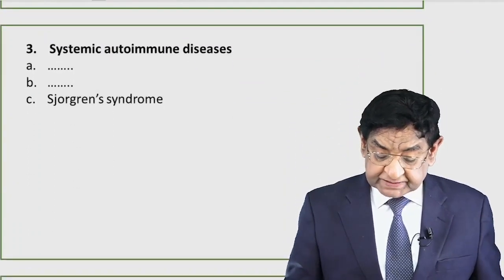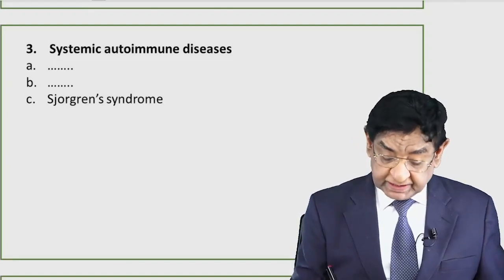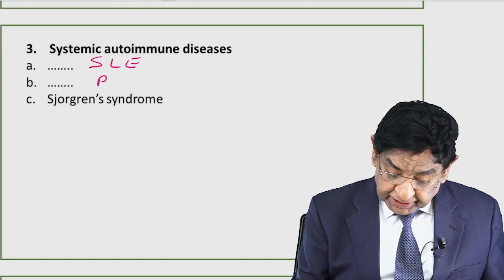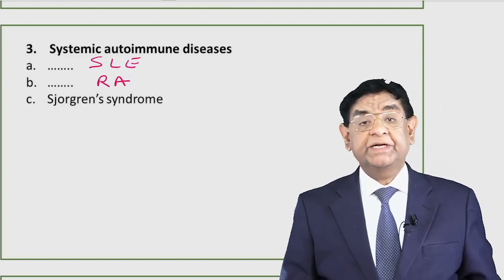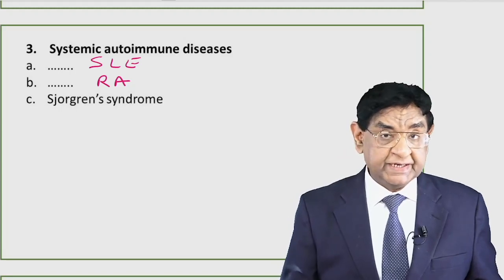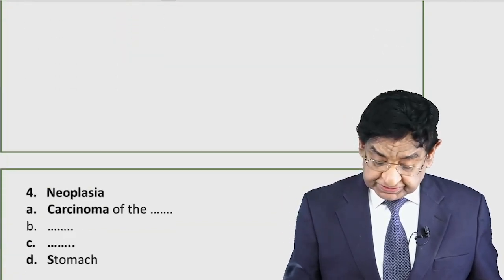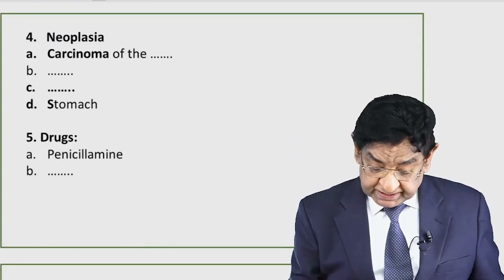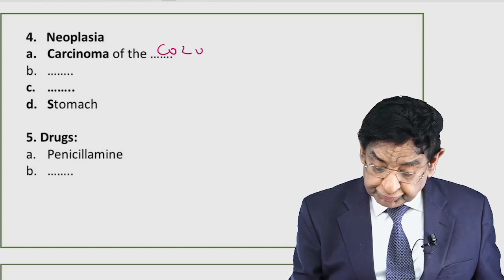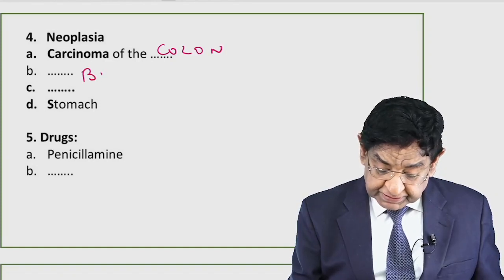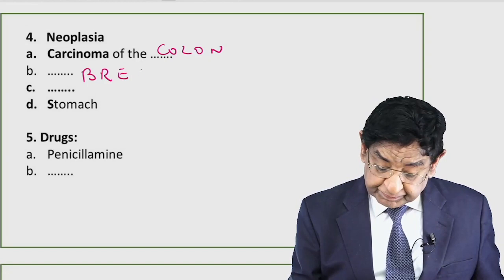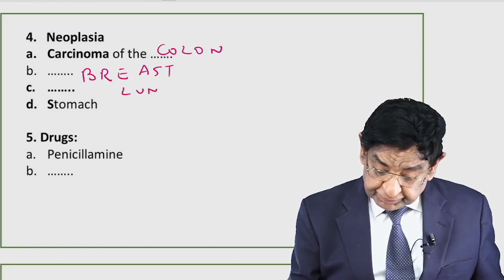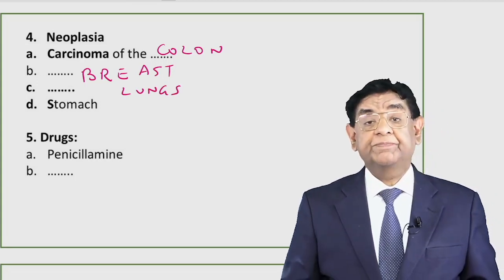Then this can be caused by certain systemic autoimmune diseases also, like SLE, like rheumatoid arthritis. It may occur in Sjogren syndrome also, again a type of autoimmune disease. This can be caused by certain cancers, neoplasia, like colon, breast, lung, stomach.